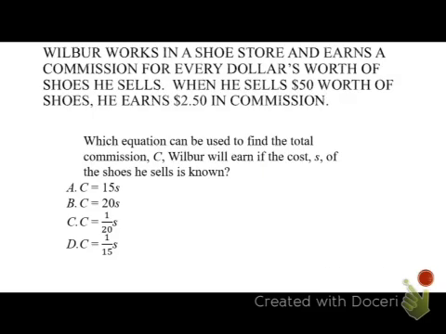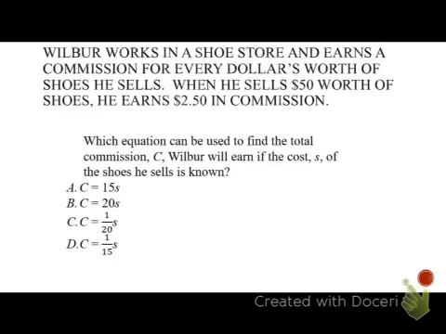Next, we're talking about Wilbur. He works in a shoe store and earns a commission for every dollar's worth of shoes he sells. When he sells $50 worth of shoes, he earns $2.50 in commission. We want to know which equation can be used to find the total commission C Wilbur will earn if the cost S of the shoes he sells is known.